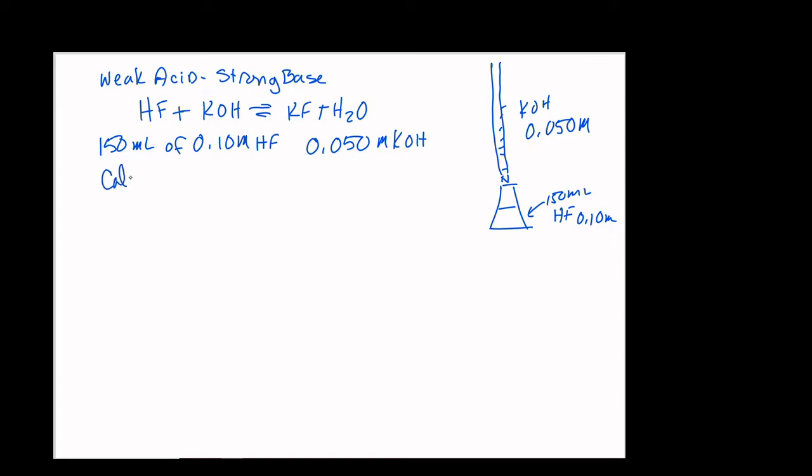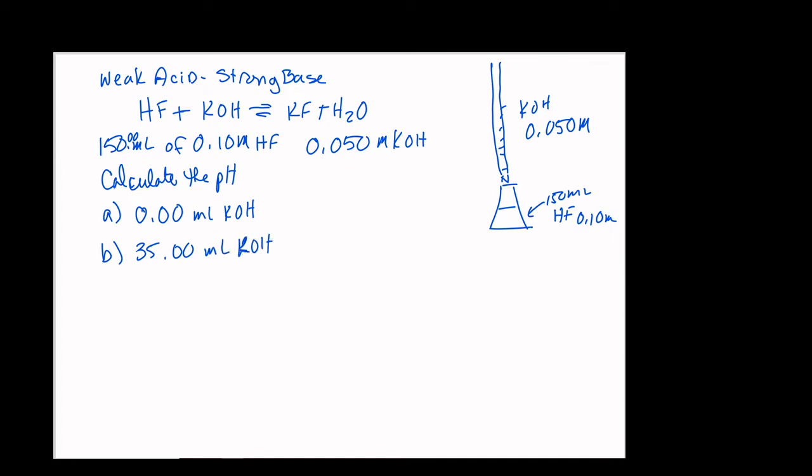So let's calculate the pH in different regions of our titration graph. Let's calculate the pH at A, 0.00 milliliters of KOH; B, at 35 milliliters of KOH; C, after 150.00 milliliters of KOH, and we can assume that we have enough sig figs here; and D, after 300 milliliters of KOH.